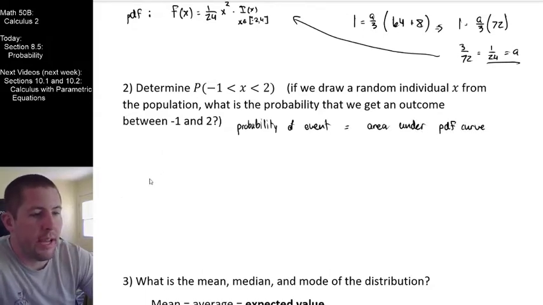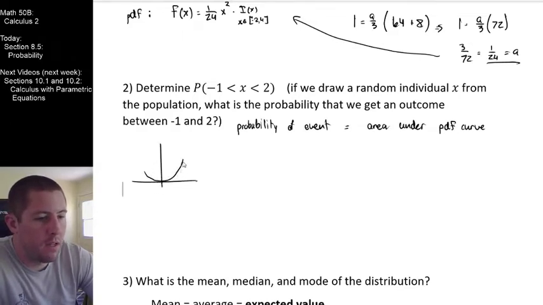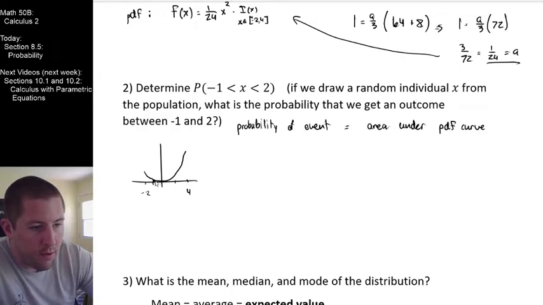So just a quick estimate right here. We've got negative 2 to 4. We're asking what's the probability it's between negative 1 and 2. So what we're really looking for is this area here, and it doesn't look like it's going to be very much.